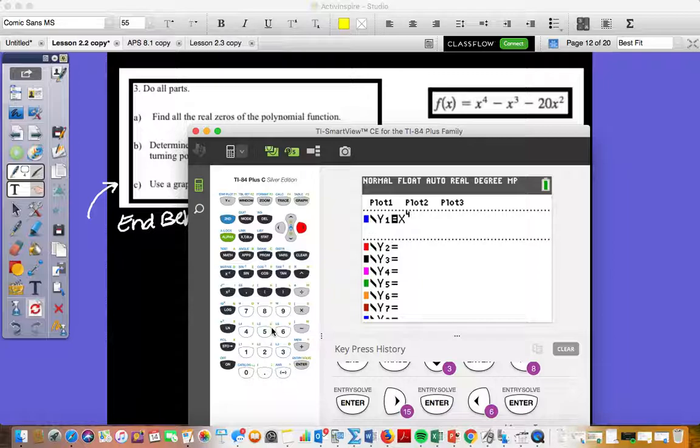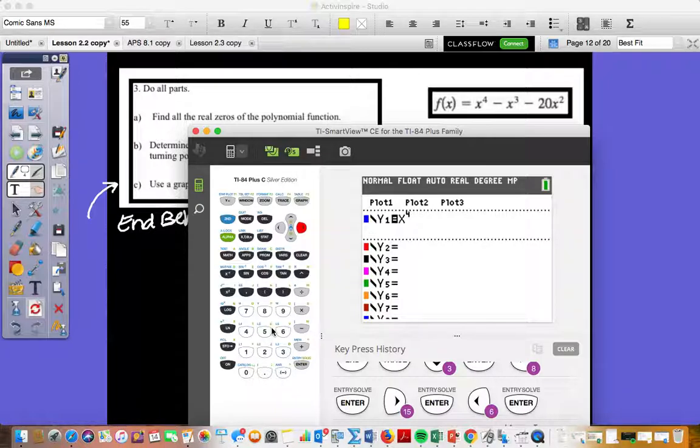Is that what yours looks like? It might look weird. You can go to Zoom. I always go to Zoom Standard first, and maybe 10 by 10.